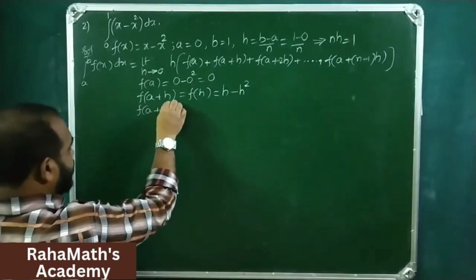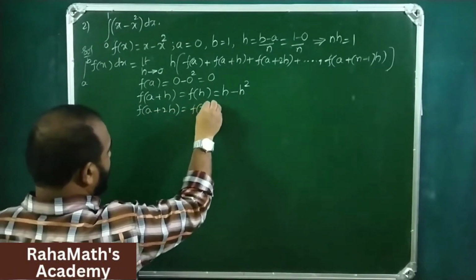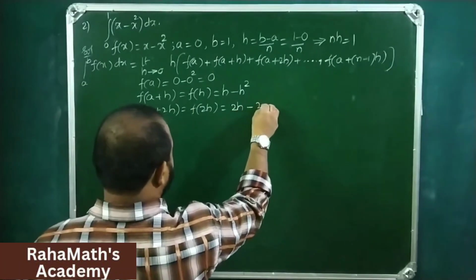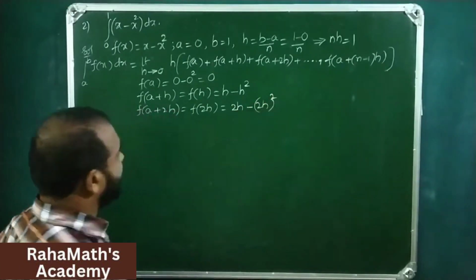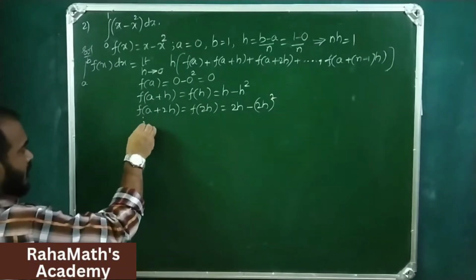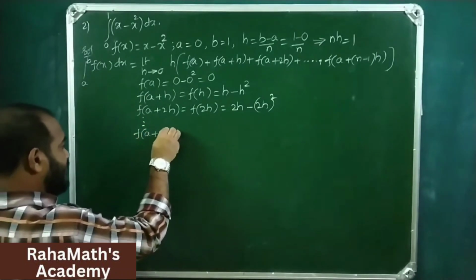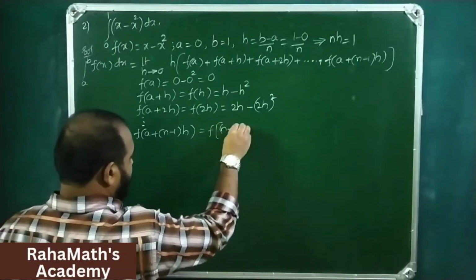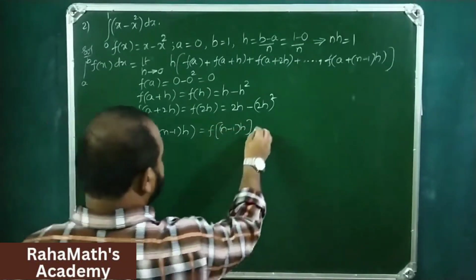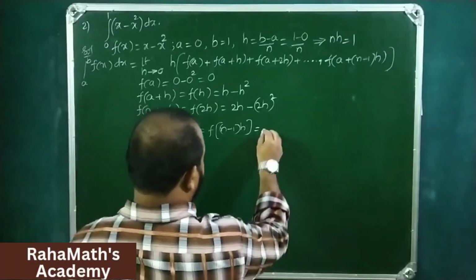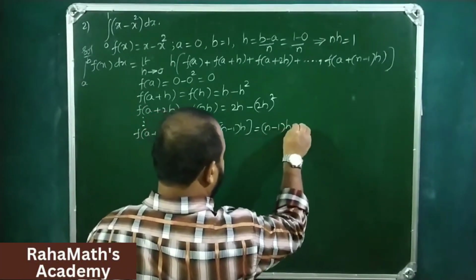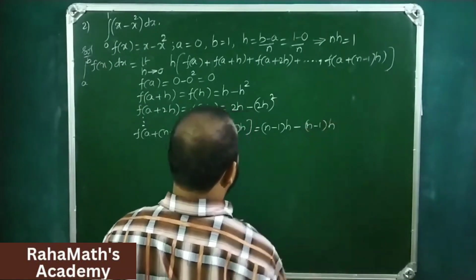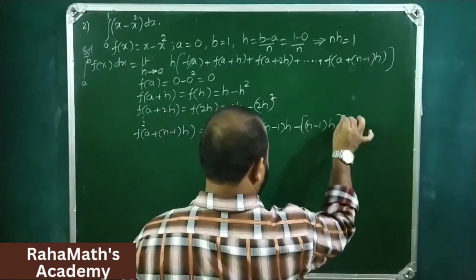F of a plus 2h, f of 2h, this is equals to 2h minus 2h whole square, etc. F of a plus n minus 1 into h, this is equals to f of n minus 1 into h. This is equals to n minus 1 into h minus n minus 1 into h whole square.